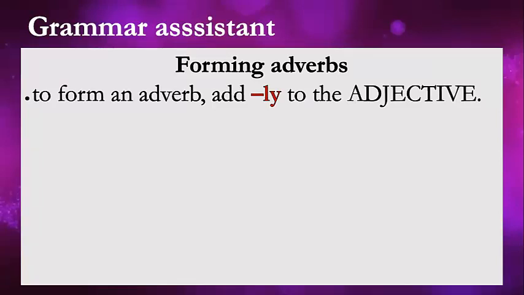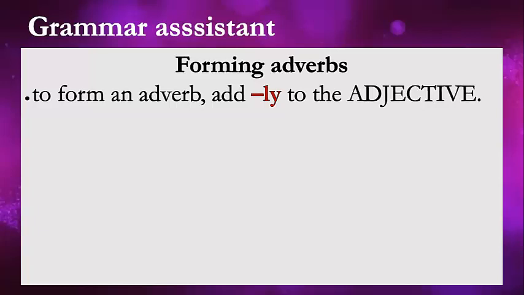For example, with the adjective: Ali is quick. Here the word quick is an adjective. It describes what? Ali. But when we say Ali runs quickly, here the word quickly is called an adverb. It ends with ly.